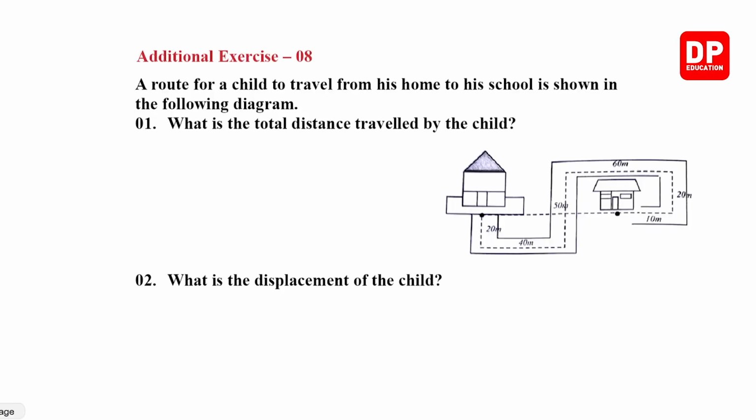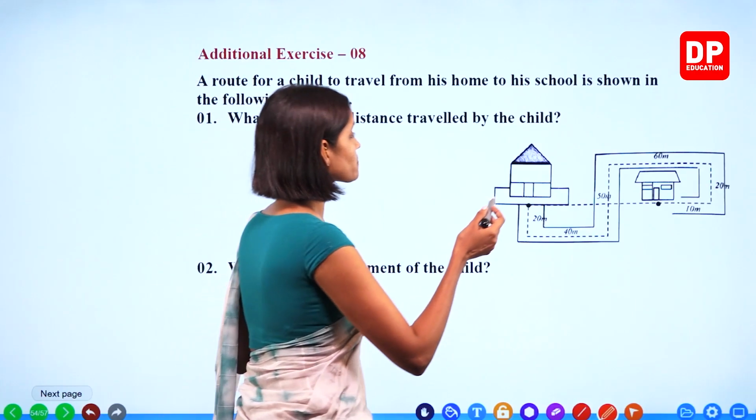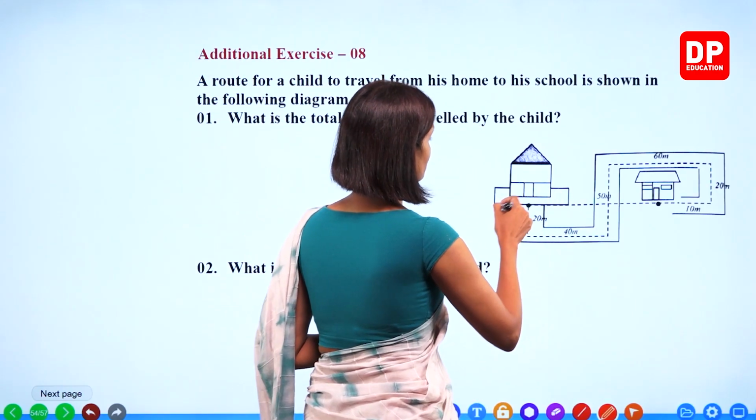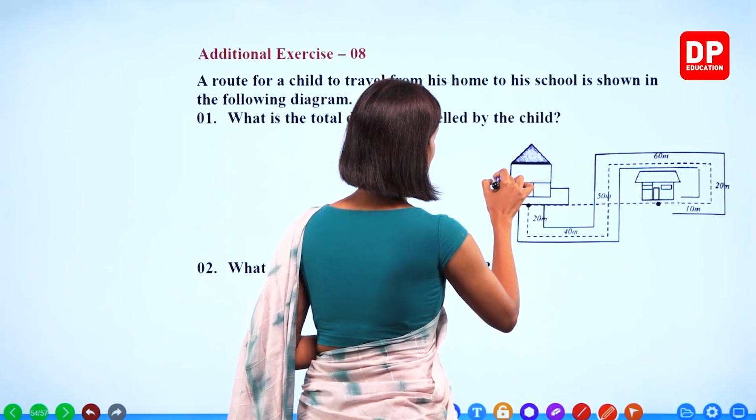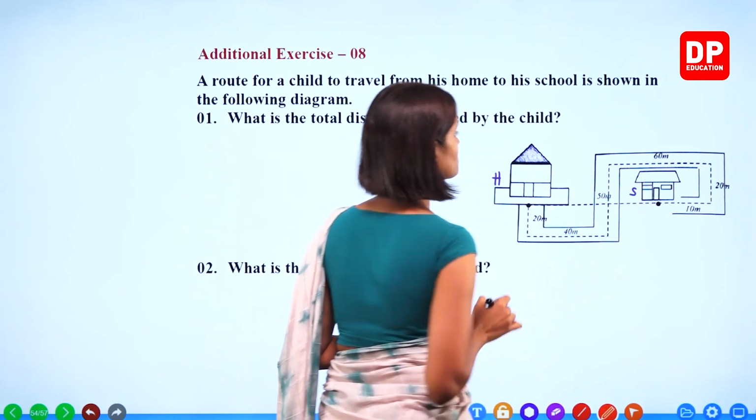Right. Exercise number 8. A route for a child to travel from his home to his school is shown in the following diagram. So we are familiar with these types of questions now, right? What is the total distance traveled by the child? So we'll consider this one is home, and this is the school.